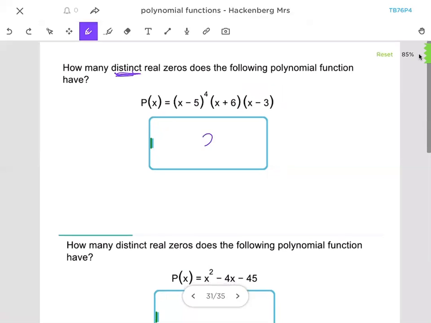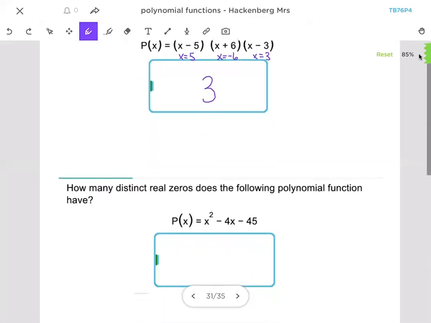I still only have 3 distinct: one at 5, one at negative 6, and one at 3. Remember, multiplicity basically means a repeated root, 4 times at 5, but when I'm counting the distinct, I have 1, 2, 3 distinct real zeros.